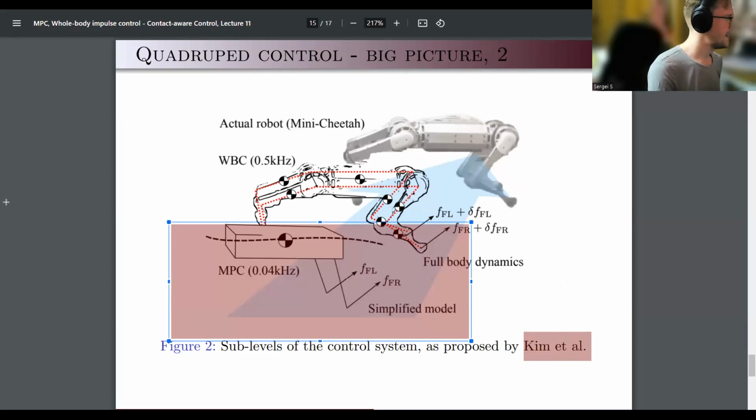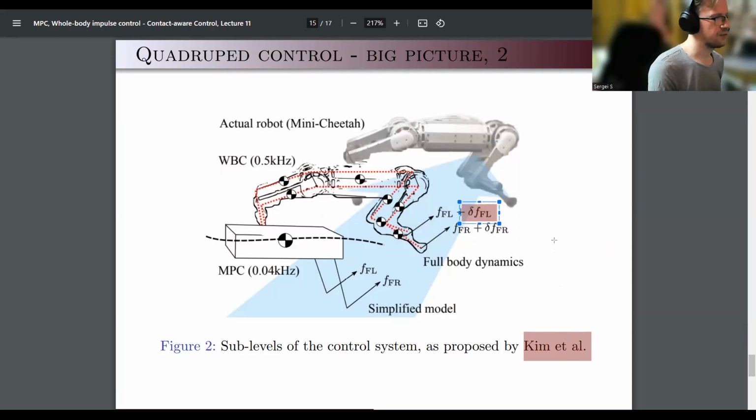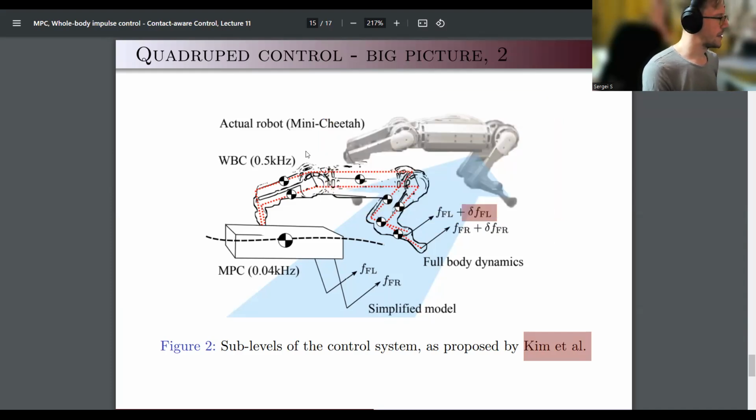Then we do a separate QP control on a whole body model, so manipulator equations, and we do corrections there. Those corrections allow us to correct for reaction forces and also for acceleration of the center of mass. And from that, we can compute PID control and put it directly into the actual robot.